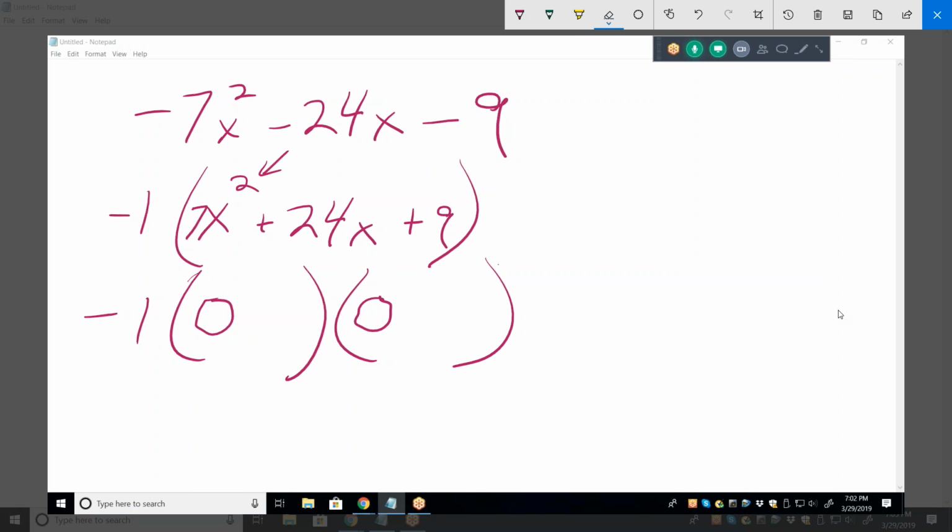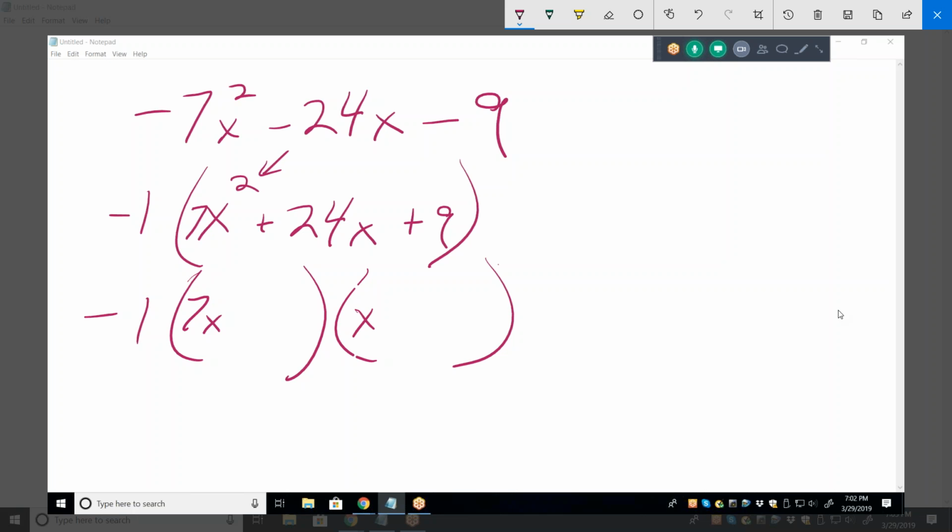And therefore, your first step is to split up the 7x squared. Well, how can we split it up? You could do 7x and x. In other words, we have to make sure that those two things multiplied together give us that first term.